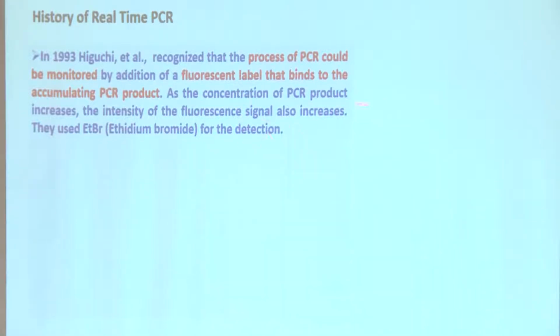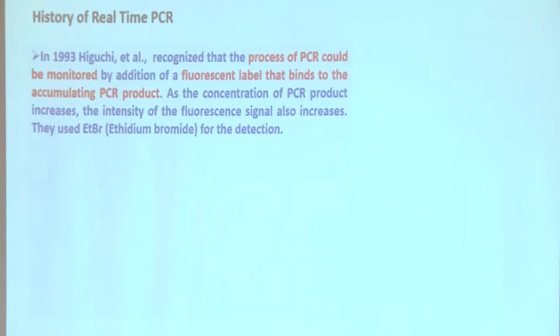As the concentration of PCR product increases, the intensity of the fluorescent signal increases. So, he hypothesized that it is possible to track the process of amplification. He suggested to use ethidium bromide. We know that ethidium bromide binds with DNA. So, ethidium bromide bound DNA can be visualized.